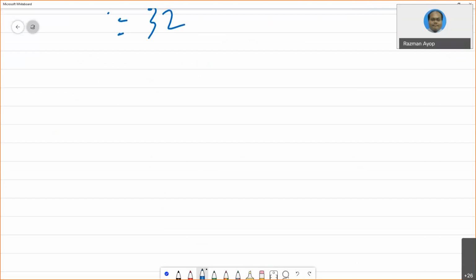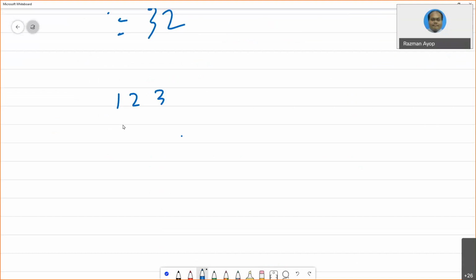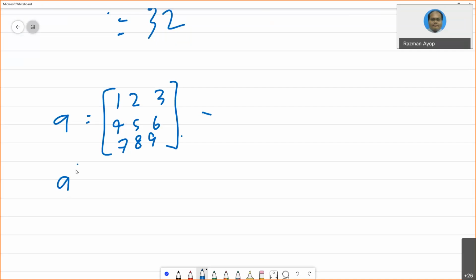For example, if you have a matrix 1, 2, 3, 4, 5, 6, 7, 8, 9, and this one is A, and you want to transpose it, usually we just assume like this.